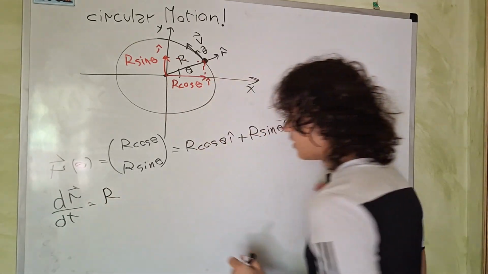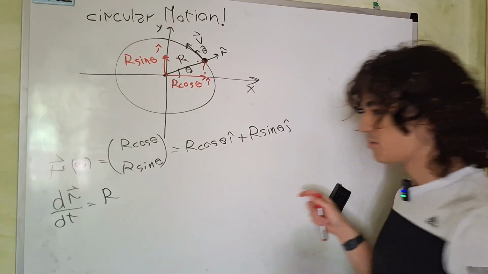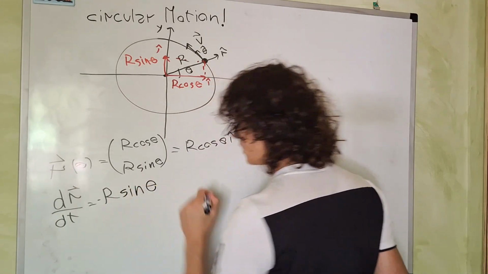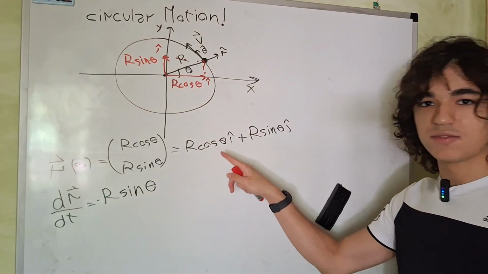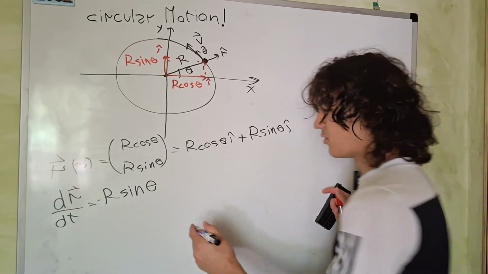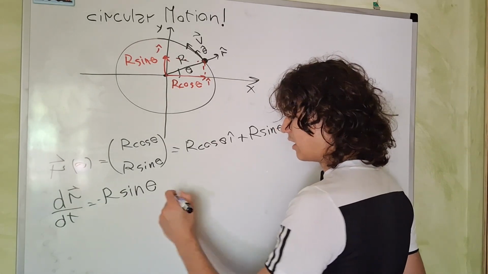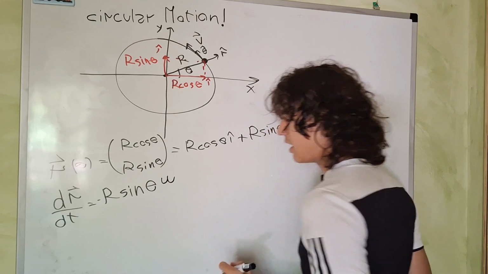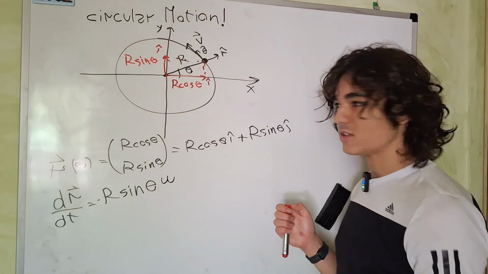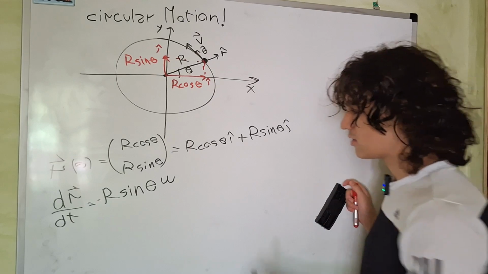So we have r, the derivative of cosine is minus sine, so minus sine of theta times the derivative of what we have in here. The derivative of theta with respect to time, we call it omega, and it's the angular velocity, so how fast the angle changes.